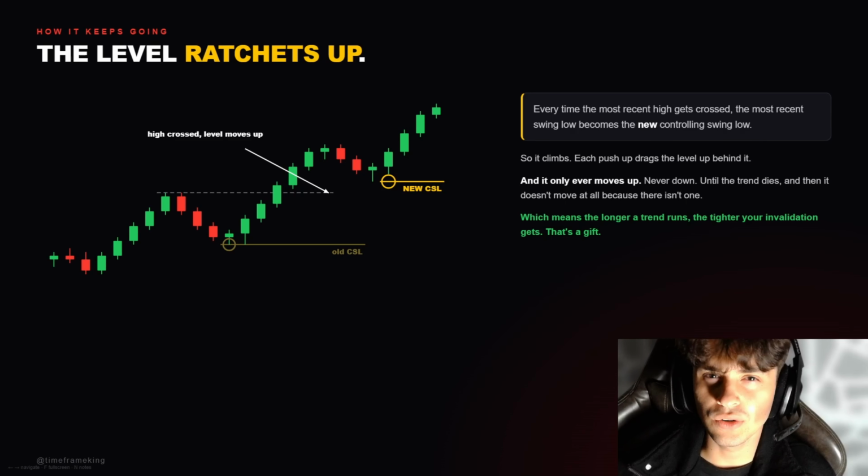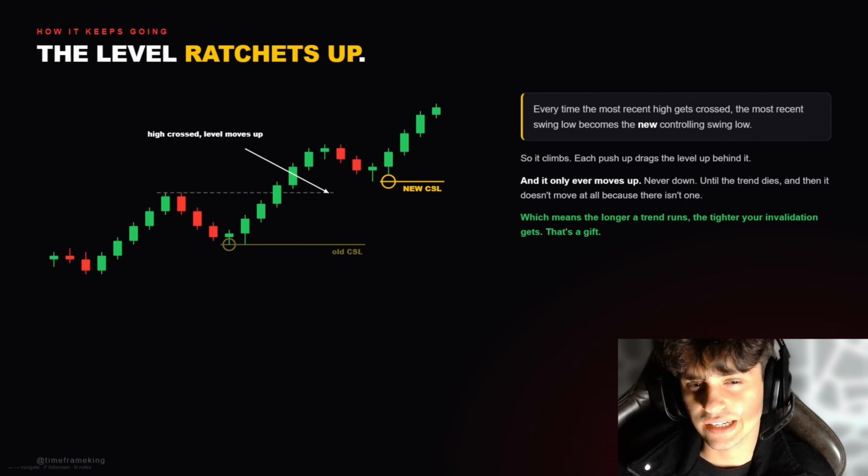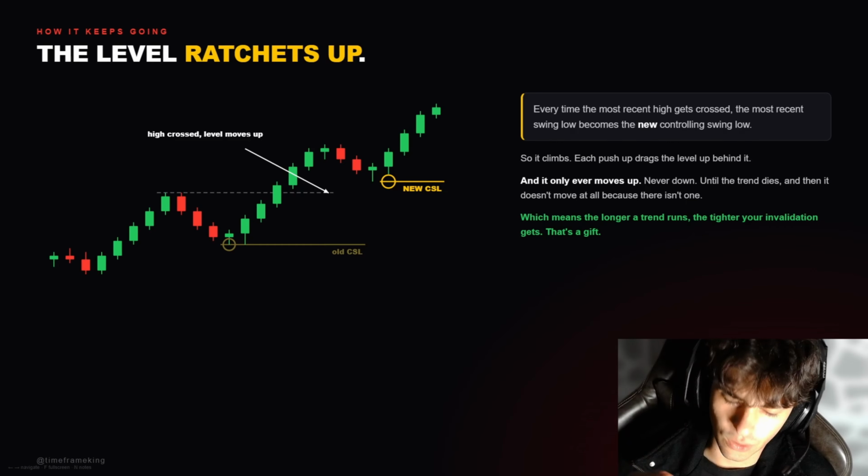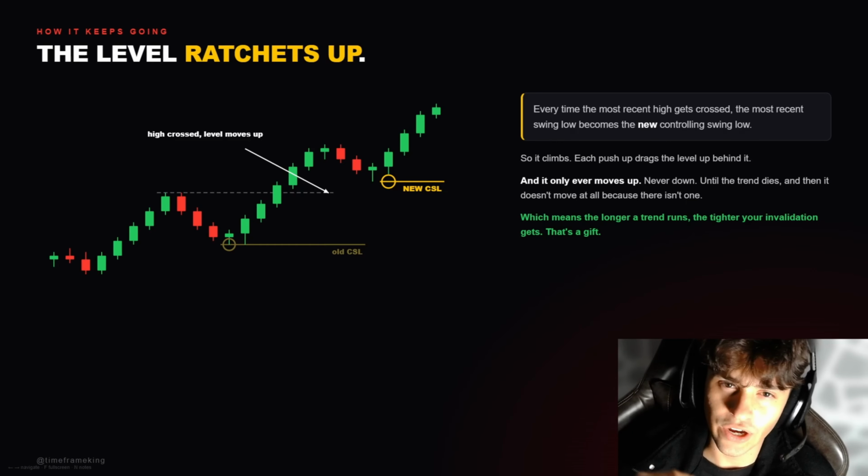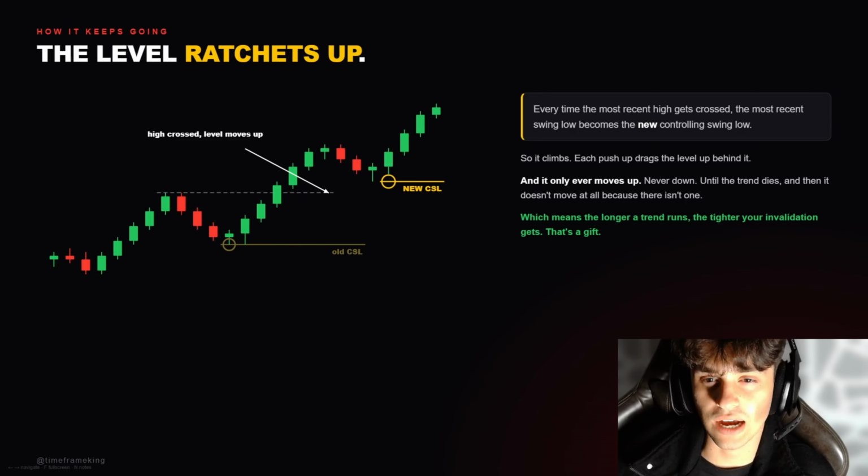So as we make new higher highs and higher lows, the levels also climb. Each push drags the level up, so it only ever goes up because we are in an uptrend. It never goes down.